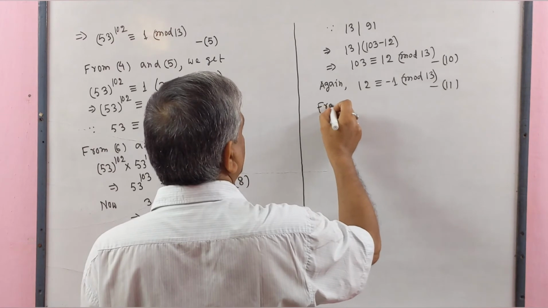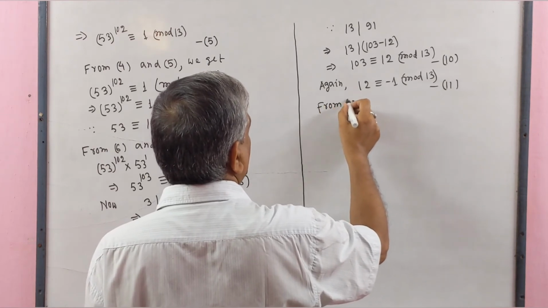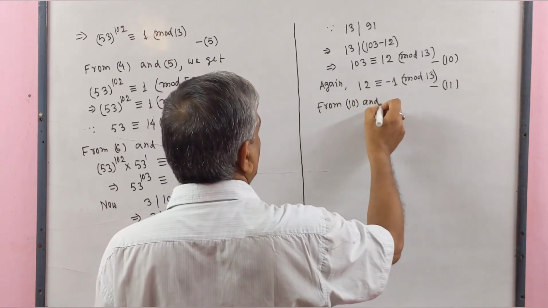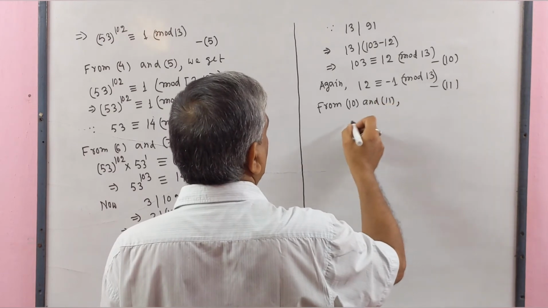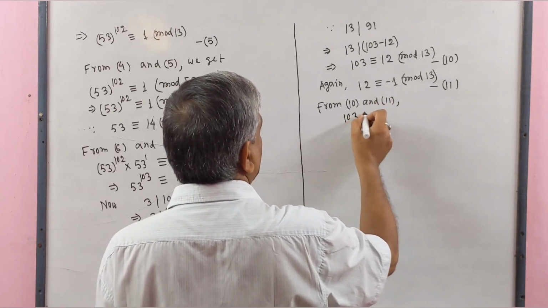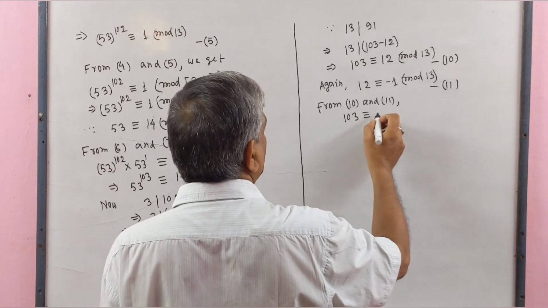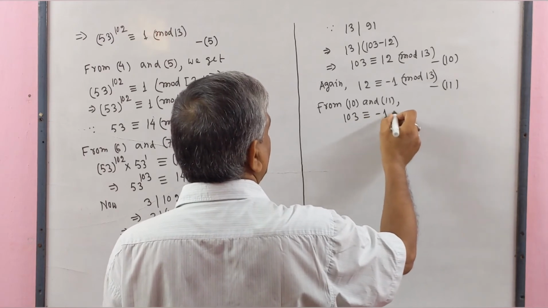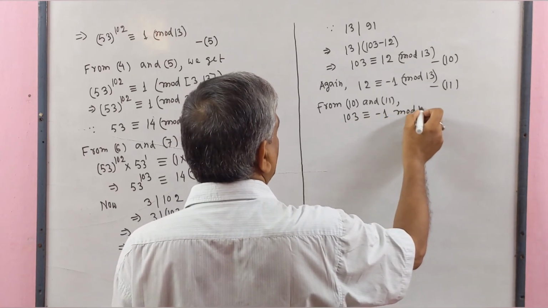From 10 and 11, 103 is congruent to minus 1 modulo 13.